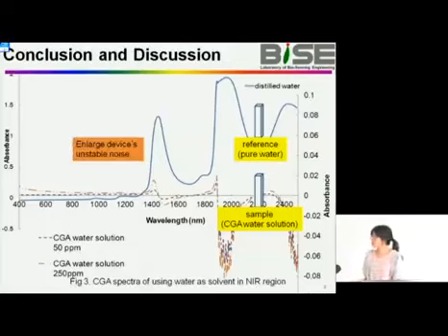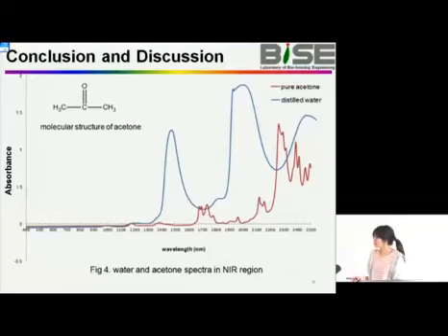Also, water's strong absorption can enlarge the device's unstable noise. So, anyway, we can conclude that the CGA spectrum we get from using water as a solvent may contain a lot of noise caused by water. So in order to eliminate this noise, we need to find a solvent which doesn't have absorption in the NIR region. But unfortunately, I haven't found such a solvent to dissolve CGA so far. Then I tried acetone.